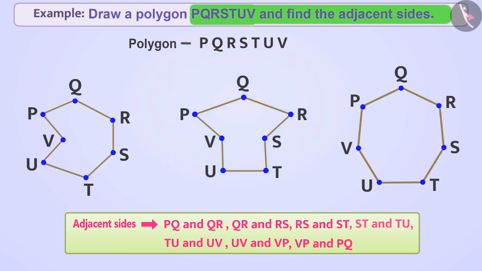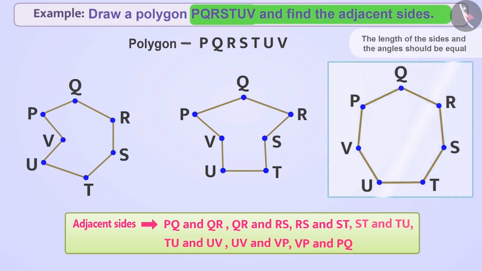Just think, if we are given conditions such as length of sides and angles should be equal, then it was necessary for us to construct the polygon with given conditions. In that case, only this figure would have been correct.